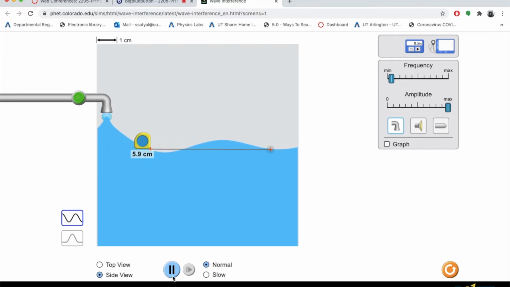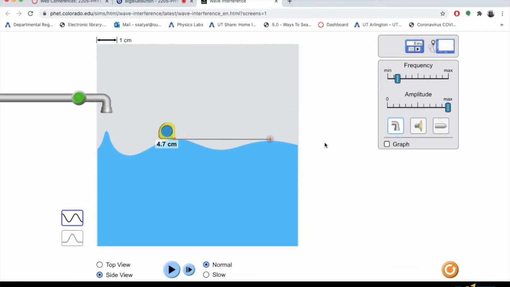You can also pause it at that point, especially if let me reduce the frequency. And right there, so between here and here, maybe that's the peak here and that's the peak here. You see in this fashion here.